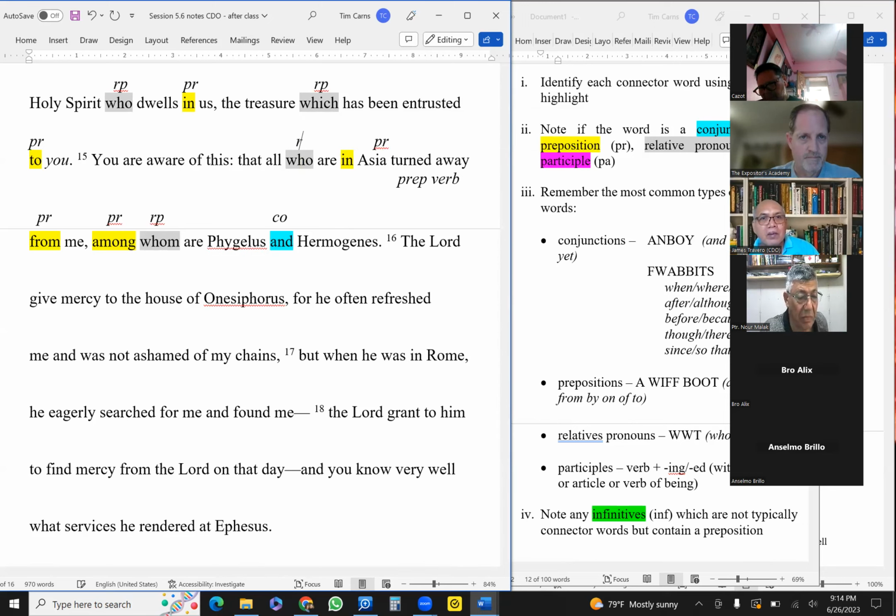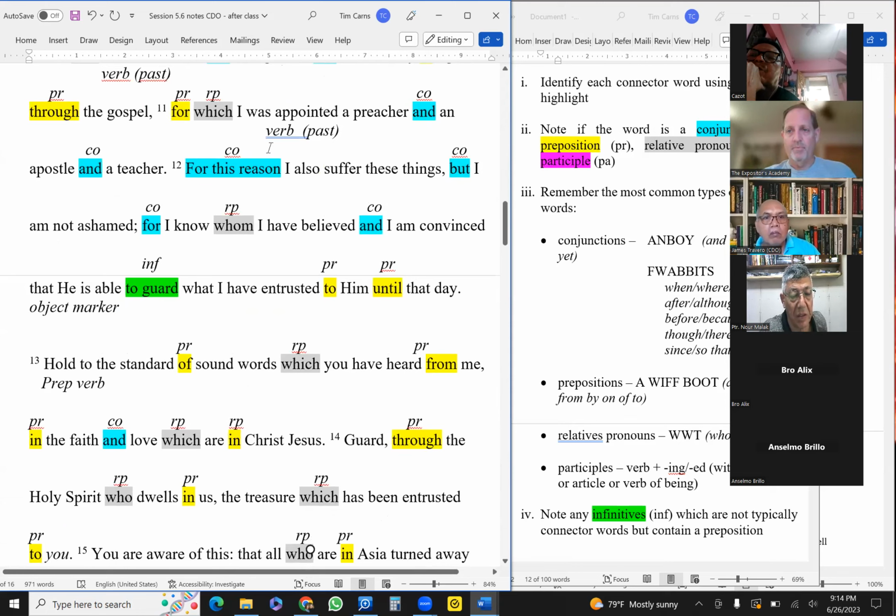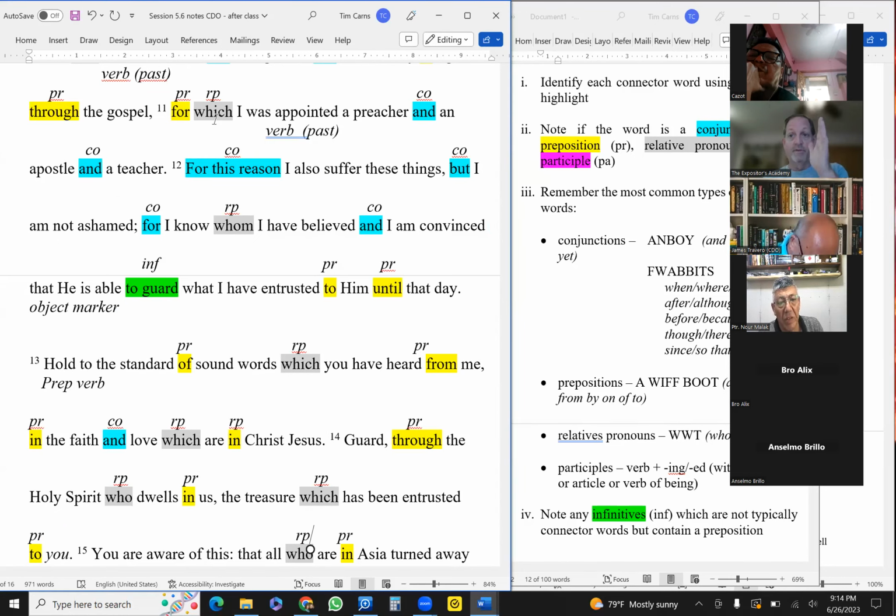Now remember, guys, we're doing this because the next step in the diagram process will be to break up or separate all of the phrases and clauses in the passage. And so these connector words are the separators. They are where we're going to break each phrase and clause.